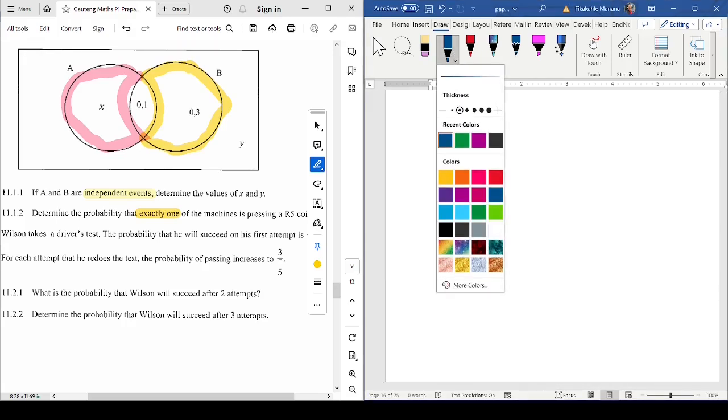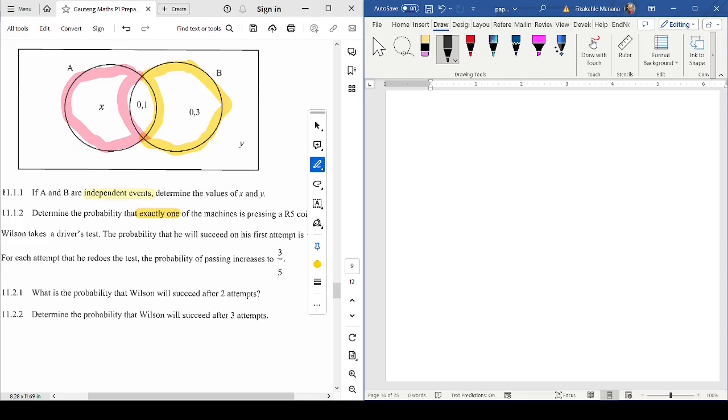Okay, so now over here, let's do a tree diagram. 11.2.1. We'll just start with 2 levels because 2 levels is the minimum for repetition. But let's see the question. What is the probability that Wilson will succeed after 2 attempts? Yes, so that means 2 attempts, we need to do a repetition.